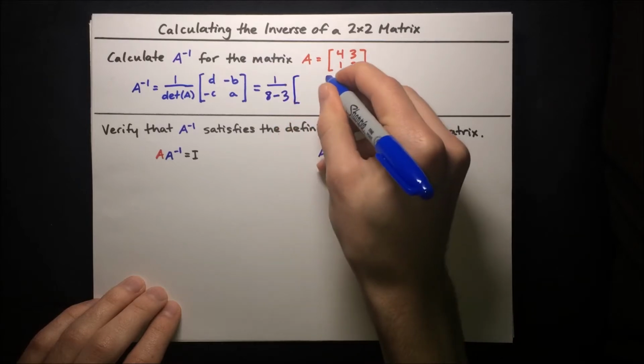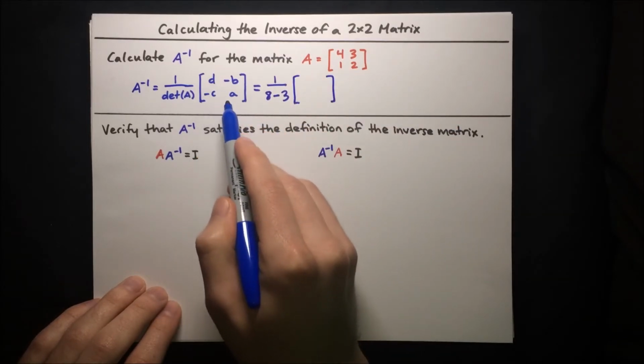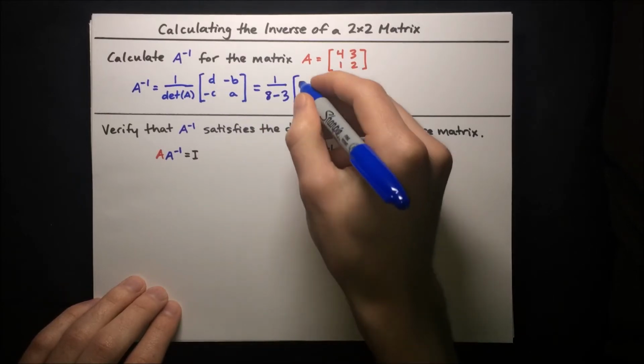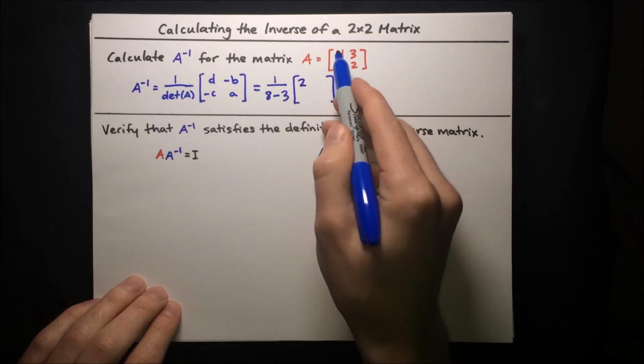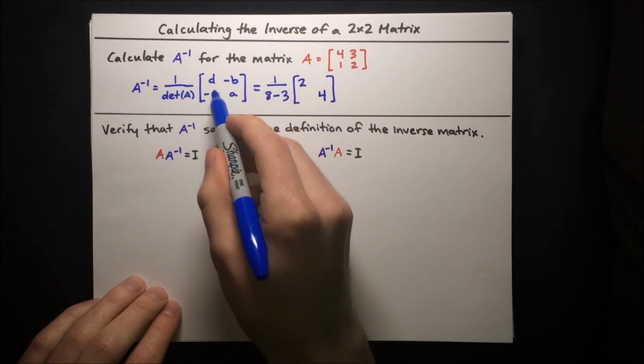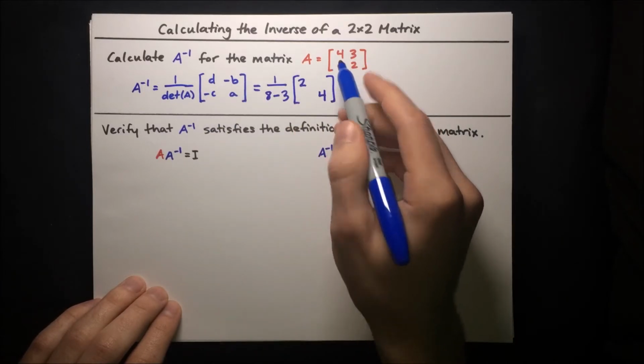And then we're going to switch around the entries a little bit. A and D get switched. D goes where A was originally, so 2 goes up there where 4 was, and then 4 goes down there where 2 was, and then B and C turn into their negatives, so we put negative signs on this 3 and this 1.